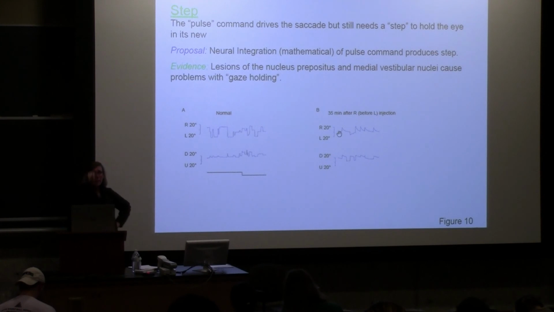And what you can see is the monkey can now make saccades, right? He can look left and right, but the problem is once he's looking over to the left or right, his eye drifts back because he no longer has this component of the drive that's going to compute this step. Right? He's got the pulse because we didn't hit the PPRF neurons, but he doesn't have the step anymore.